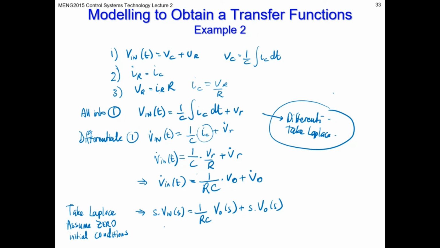So now we can combine terms and get our overall transfer function. We want our output over our input to get a transfer function expression. So we're going to combine our V outs. If we put these together, we get S plus 1 upon RC.